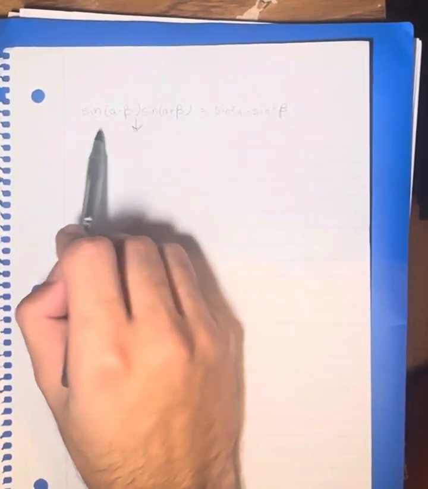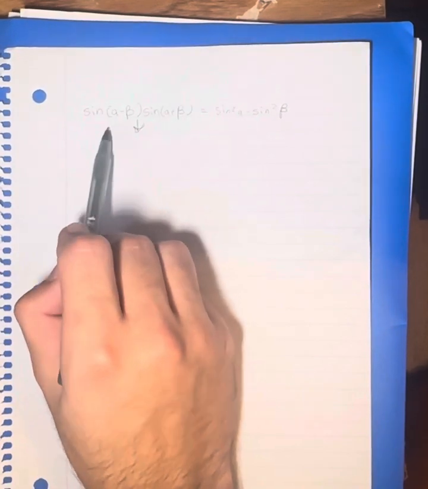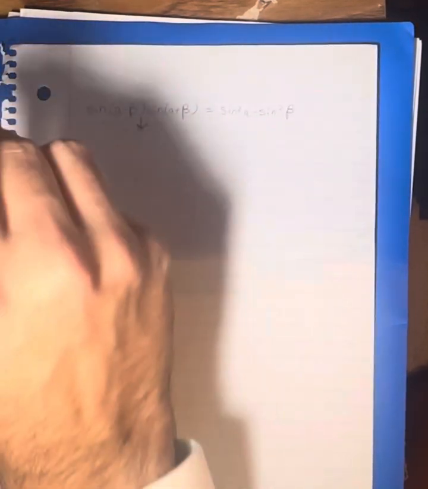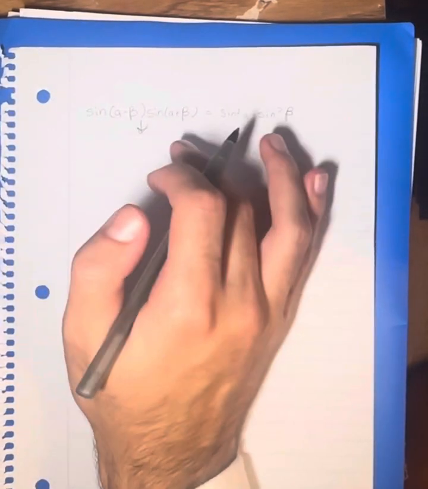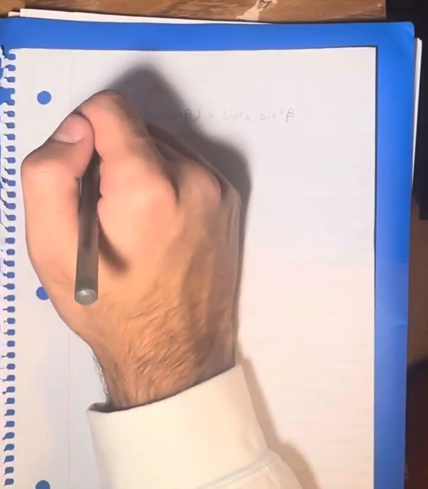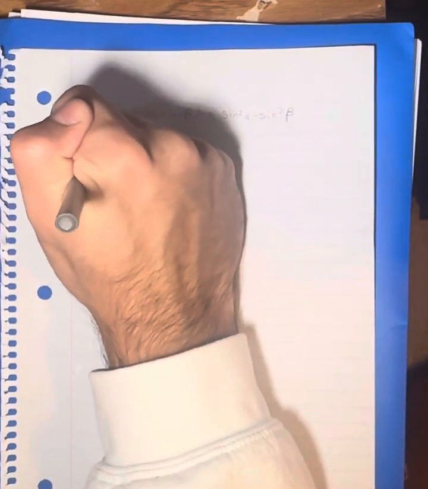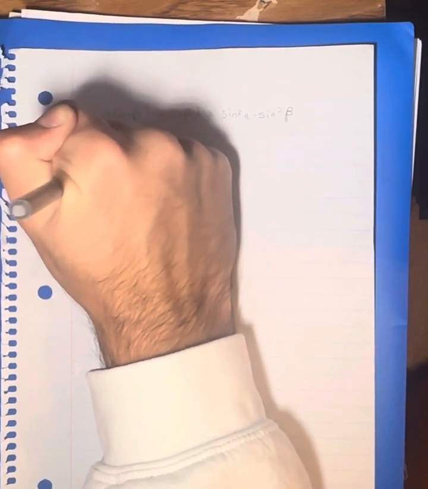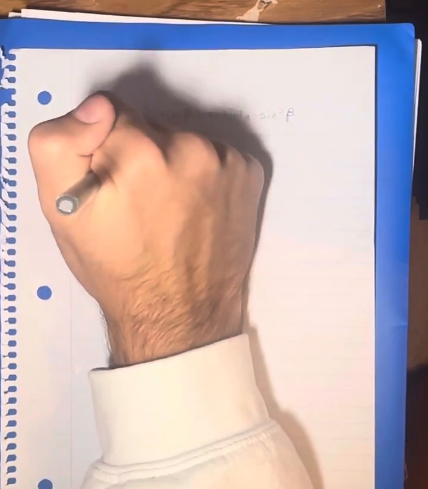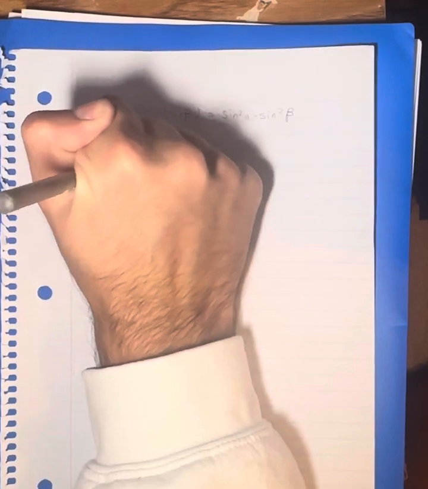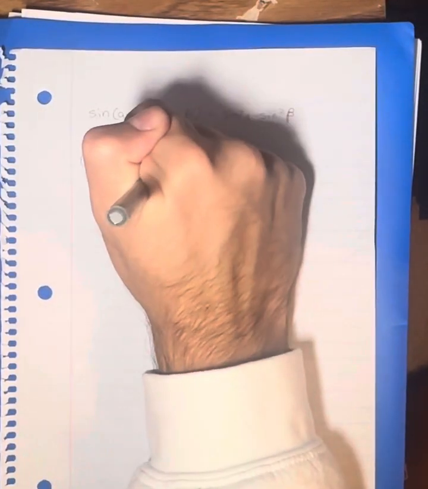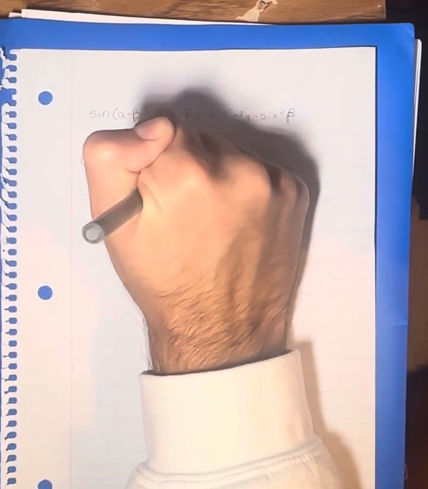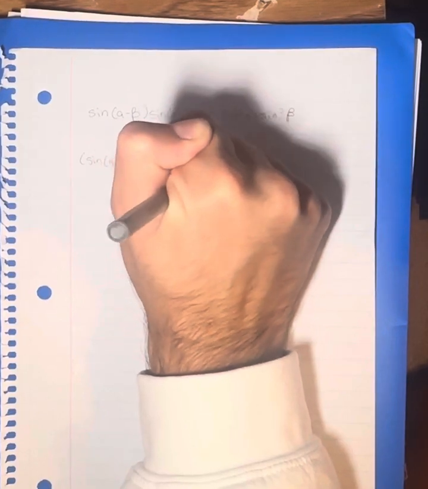The first step in expanding is what I notice is sine alpha minus beta. If you use one of the sum and difference formulas that we have for sine alpha minus beta, you're going to find out that sine alpha minus beta is sine alpha cosine beta minus cosine alpha sine beta.